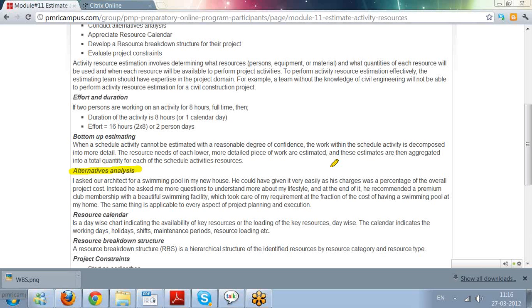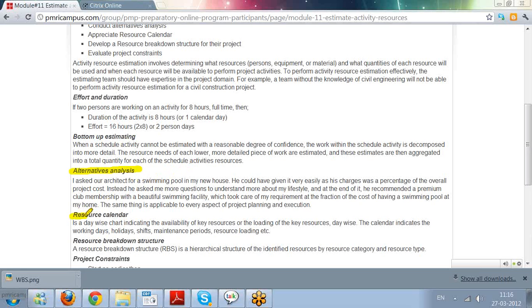He said, no problem, if you take a club membership, based on my frequency of use of a swimming pool, which is hardly 10 times a year, he could not justify me owning a swimming pool. He recommended taking a premium club membership, which is much cheaper than having my own swimming pool and maintaining it. That's an example of alternatives analysis.